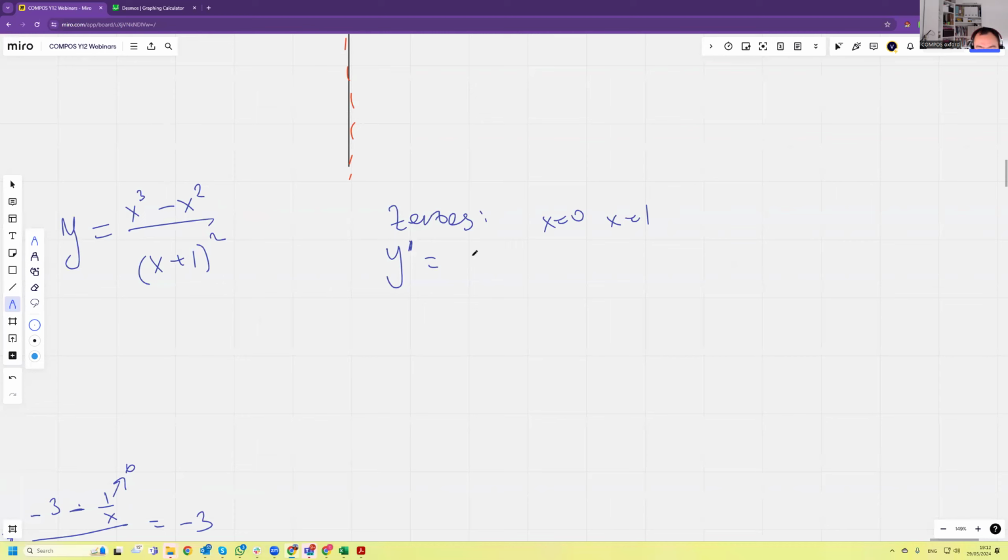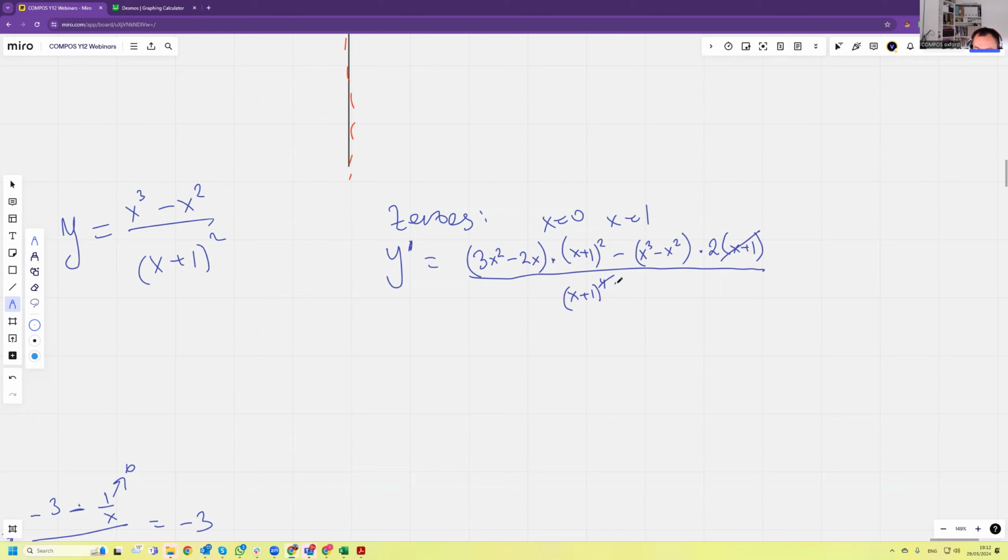The derivative is going to be 3x squared minus 2x multiplied by x plus 1 squared minus, we're using the quotient rule again, x plus 1 to the power 4, x cubed minus x squared multiplied by 2 times x plus 1.